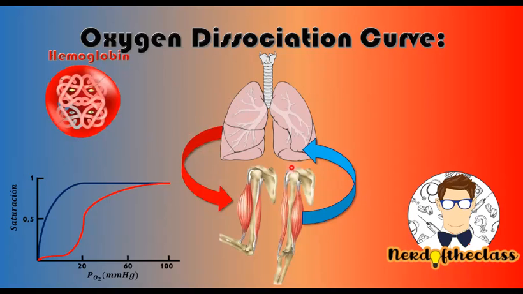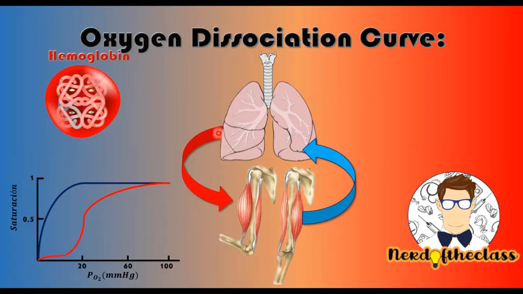So when we are at high pressures of oxygen, we will have high affinity of the hemoglobin for the oxygen. But once we decrease the partial pressure, we are going to return to the low affinity, where we have low pressure of oxygen in the peripheral tissue.